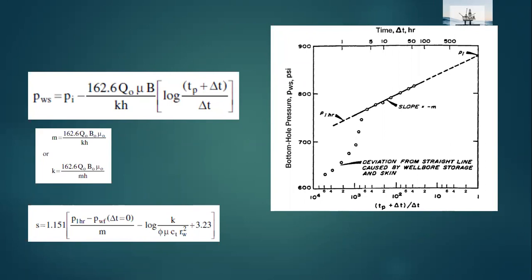There is a barrier, that is your skin zone. So it has to bypass that skin zone. While bypassing it, pressure will not rise linearly. Why? Because of the skin zone, it may rise in a deviated way. That is how this deviation effect happens. It could be skin or else wellbore damage. This is between the well and the reservoir.